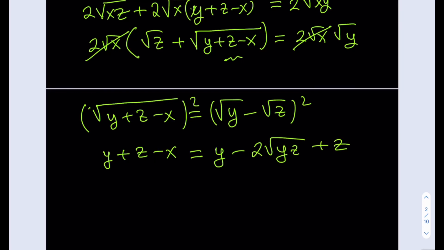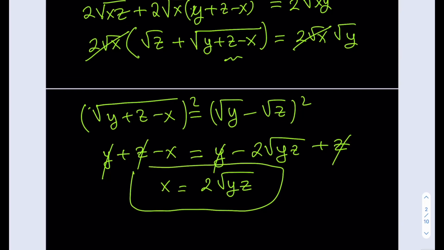Again, this is going to have a happy ending. Y plus z is going to cancel out, and we're going to end up with this. Multiply both sides by negative 1 if you don't like the negatives like me, and then you'll be getting this. Now remember, our goal was to find x in terms of y and z, and we actually did. X is alone, all by itself on the left-hand side, and that's our answer.